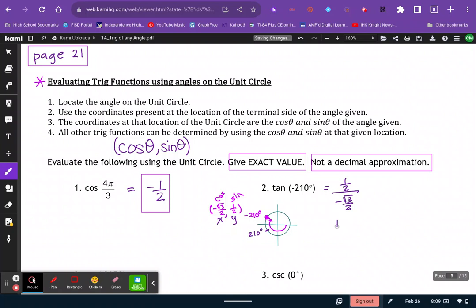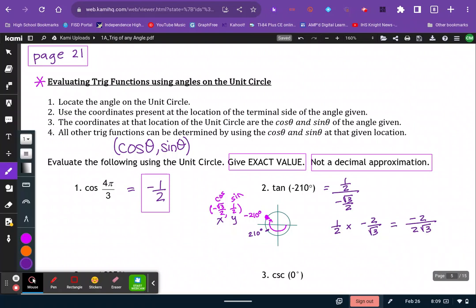This is where I use keep, change, flip, multiply. In this case, I can cancel out these 2's, leaving me with just a -1 in the numerator, but I have -1 over the square root of 3, and I'm not allowed to leave a radical in my answer.